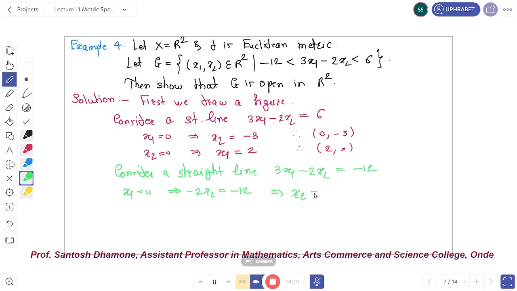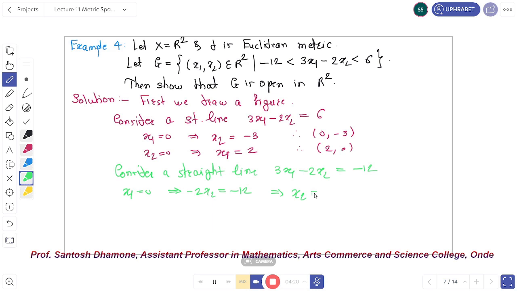Points 1, 2, 3, 4, 5, and 0, 1, 2, 3, 4, 5, 6, minus 1, minus 2, minus 3, minus 4, minus 5, 6.